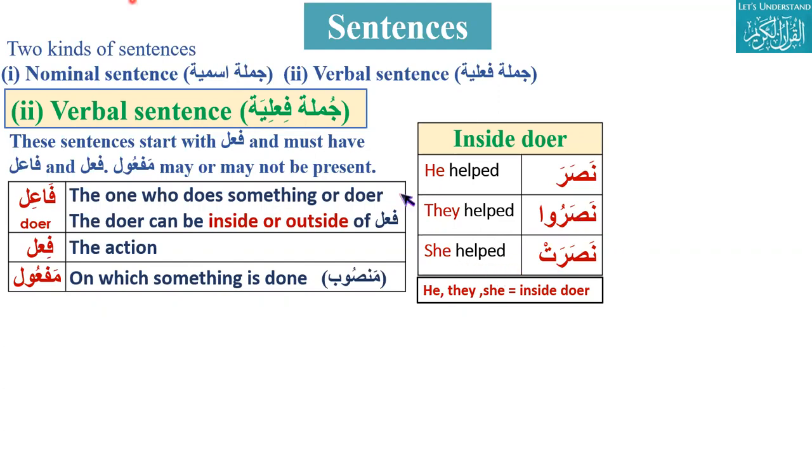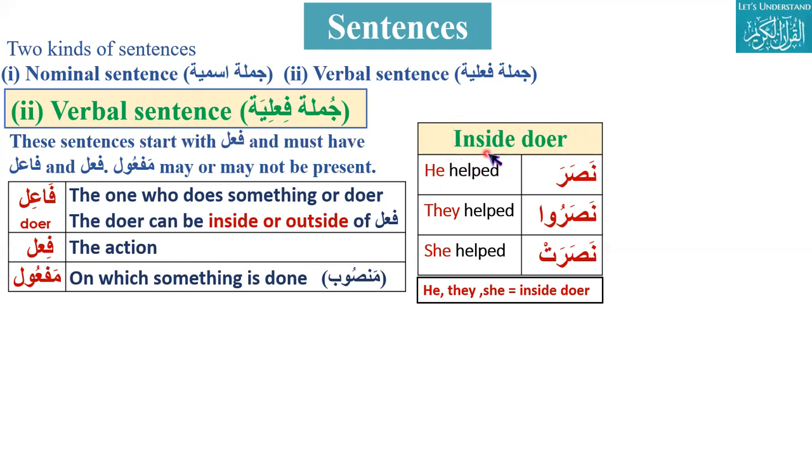So my question is for Buraq. Buraq, are you there? Yes. Nasara means? He helped. What is the doer here? He. I did not see he is there. So we say this doer as?